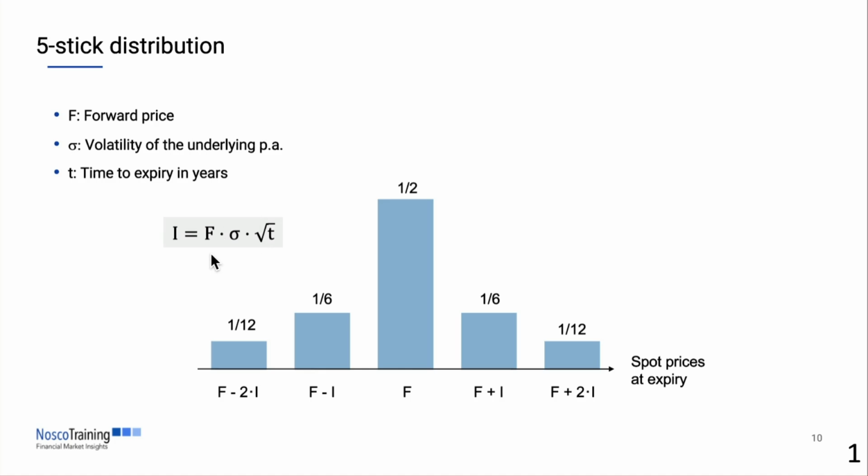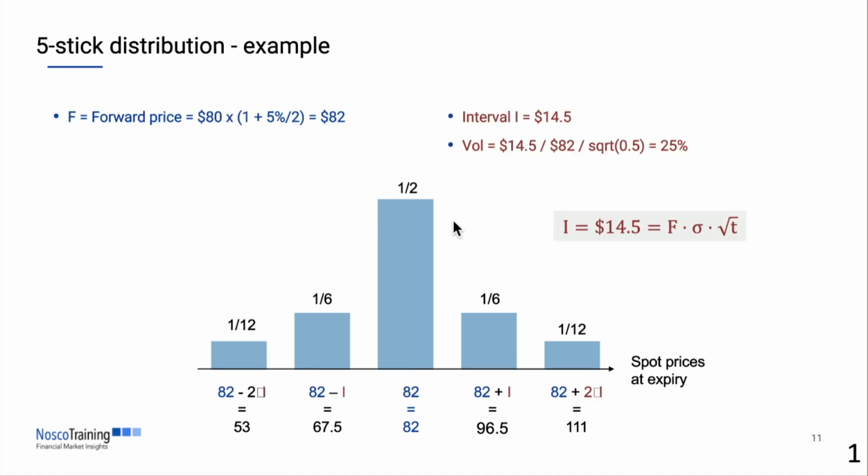So our interval is given by what is a typical amount the forward could actually differ from what we have put into that. Or you could say, what is a typical amount that the spot could differ from what forward predicts, right? And if I really do the numbers here, the interval was 14.5, because if you think about 82, 96, the difference is 14.5. 96.5, 111, the difference is 14.5.